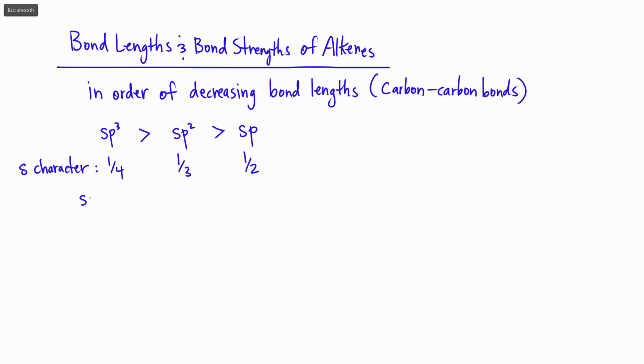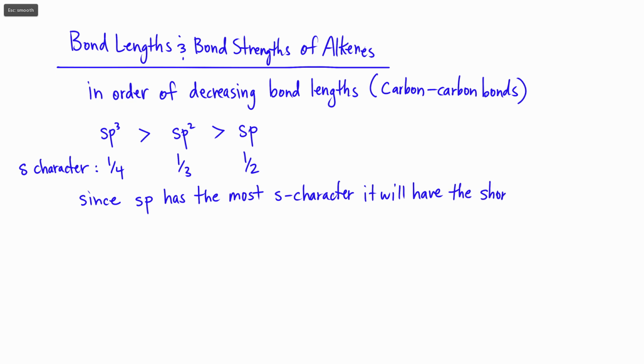Now, since sp has the most s character, it will have the shortest bond length and largest bond strength.